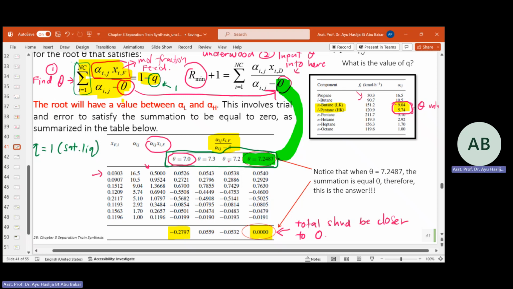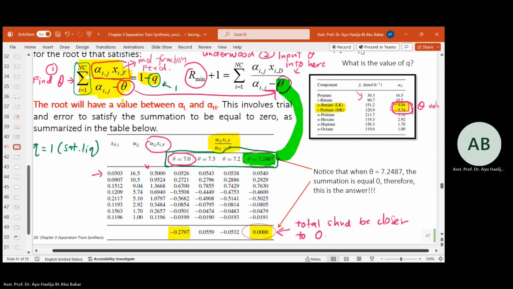Because if you simply take any number along this range, it will take some time to get the total approaching zero. So we minimize the error, we minimize the time. The theta value, just take between the light key and heavy key.